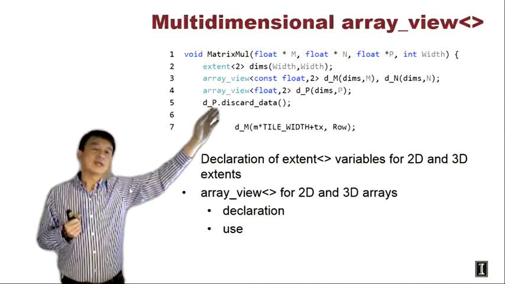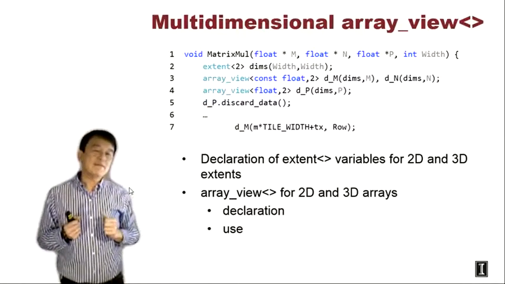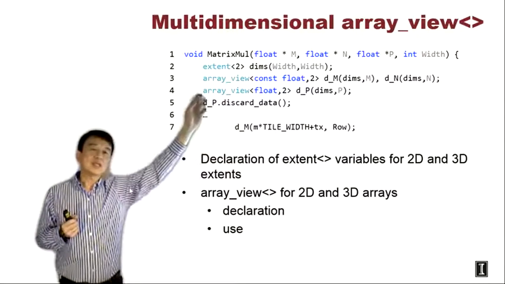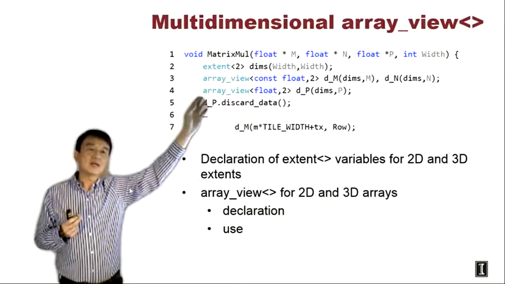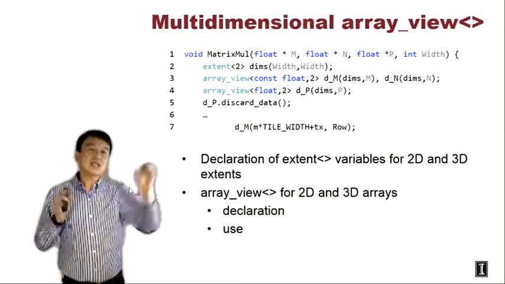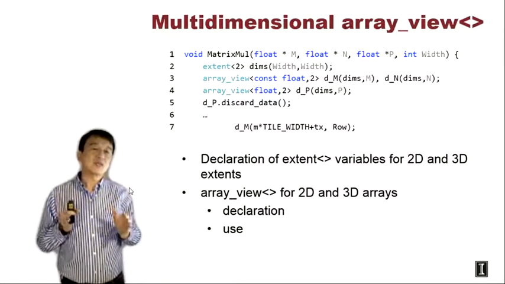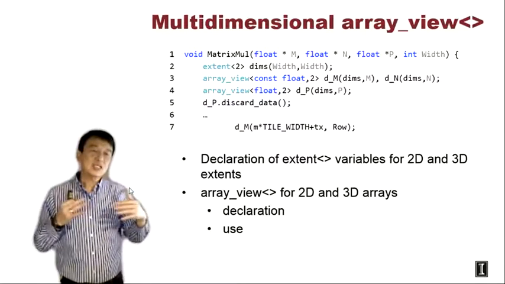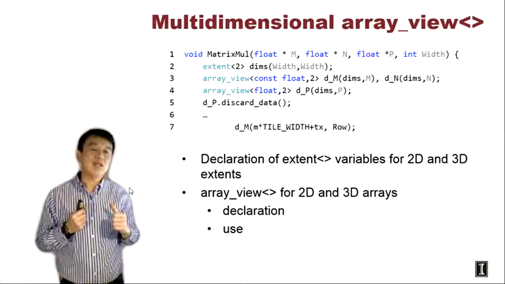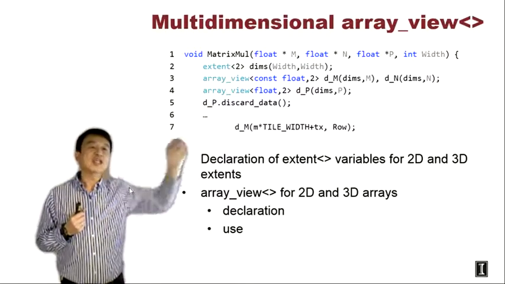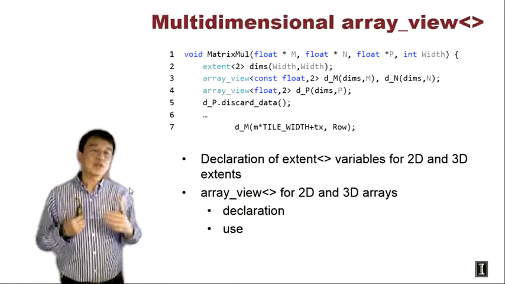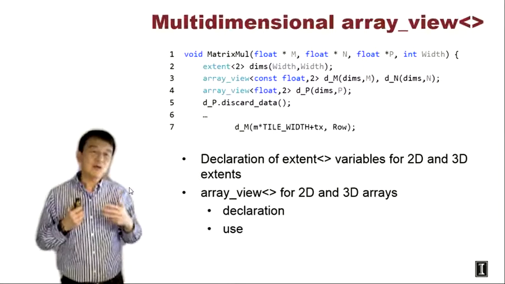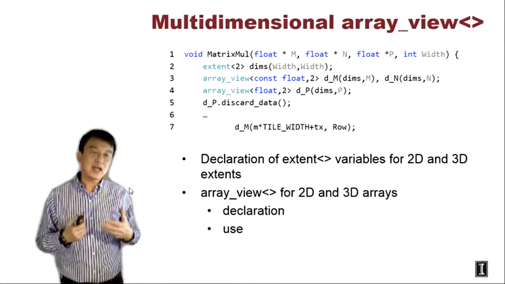We declare that as d_m, and then we can use the extent that we just declared, dims, as the extent of this array view. So this will define the size of the 2 dimensions of d_m, and then we associate this d_m with m. So now we have a 2-dimensional way of referencing or accessing m elements.